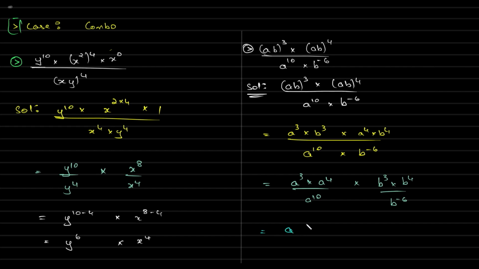So a to the power of 3 plus 4 minus 10 into b to the power of 3 plus 4 minus of minus 6. We have a to the power of 7 minus 10, negative 3, into b to the power of 7 minus of minus 6, plus 6. So a to the power of negative 3 into b to the power of 13.